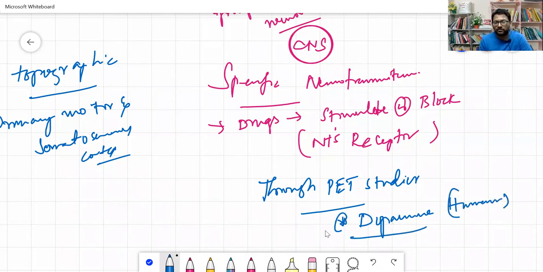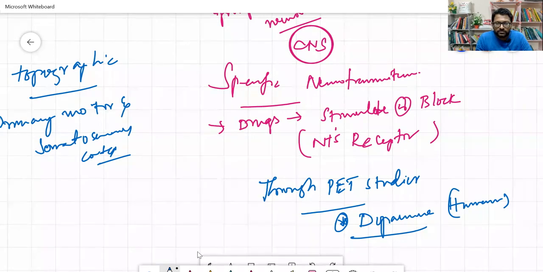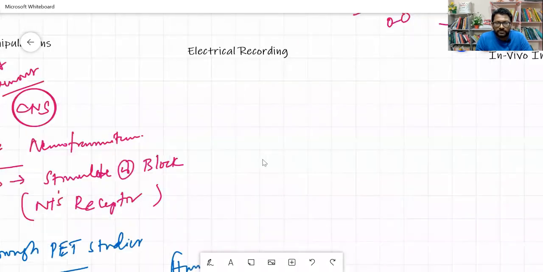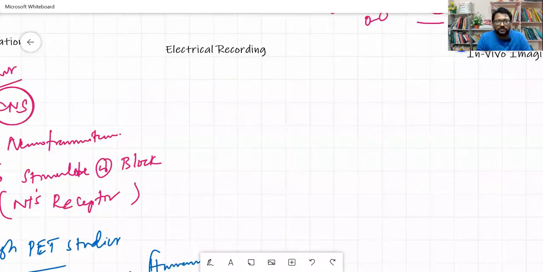So we can know how dopamine is actually produced, how it is affecting, and which parts are involved, and that can be studied with this technique, that is neurochemical manipulation. Let's see how electrical recording takes place.